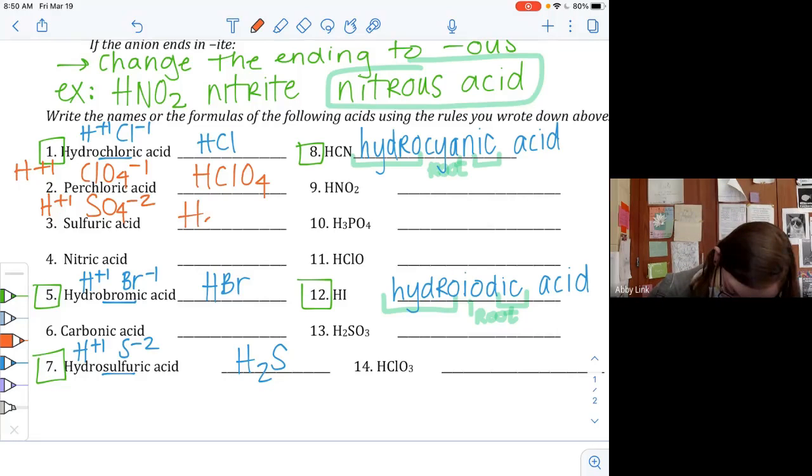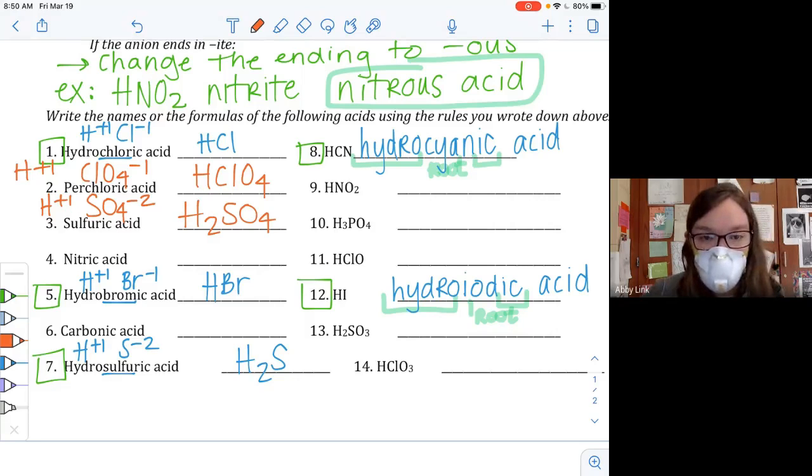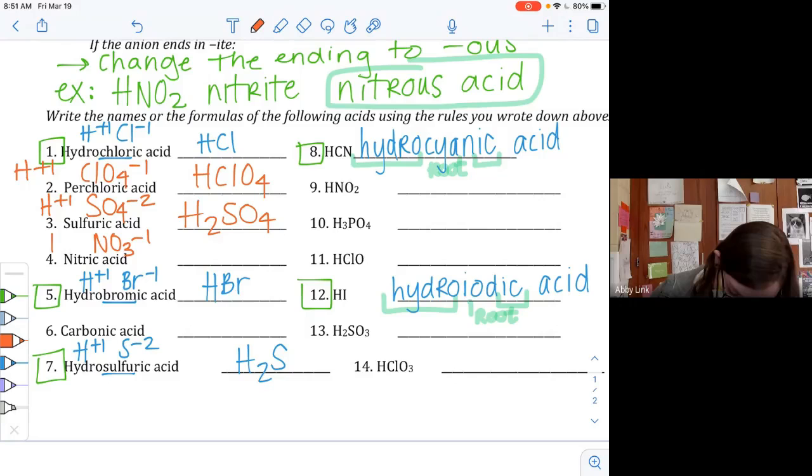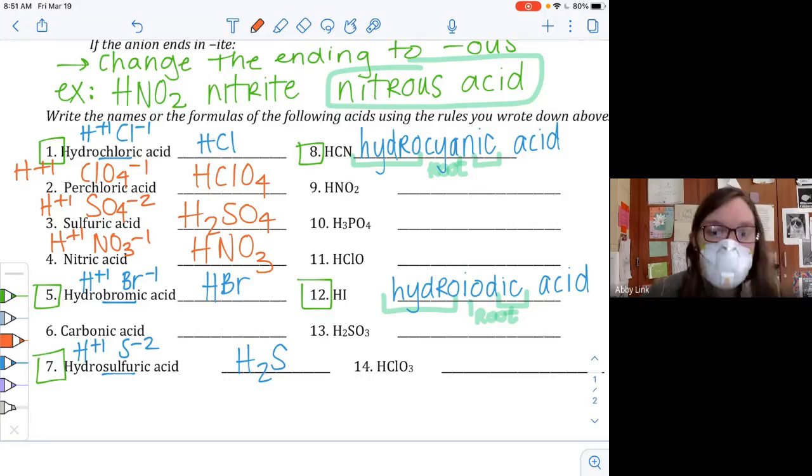So my formula becomes H2SO4. All right, nitric acid, we did do this one, but let's work through it anyway. I see nitric, it ends in ic. I'm looking for something with nitrate that exists. It is NO3 -1. I know that I'm bonding it with hydrogen, which is a +1. So I'm just going to need 1 of each ion, and I end up with HNO3.